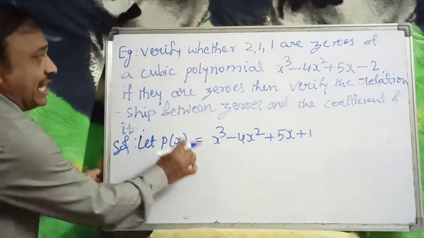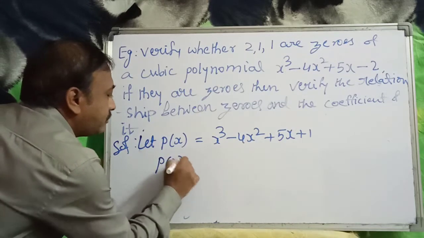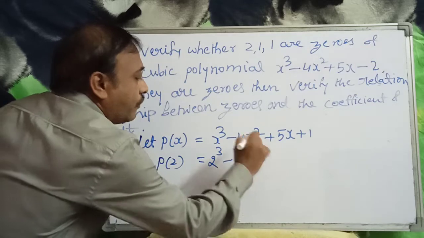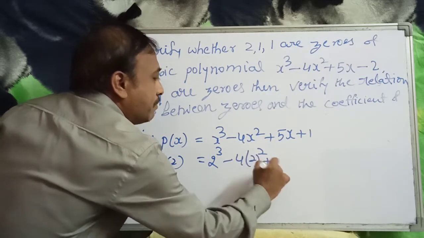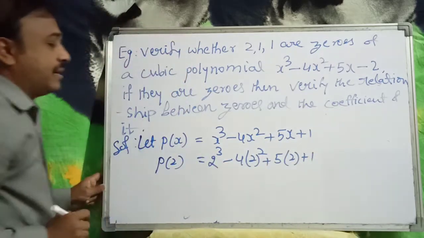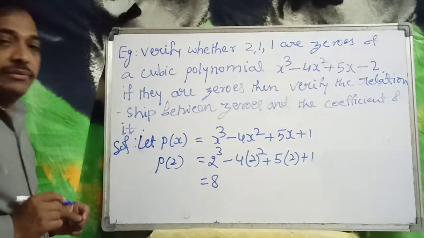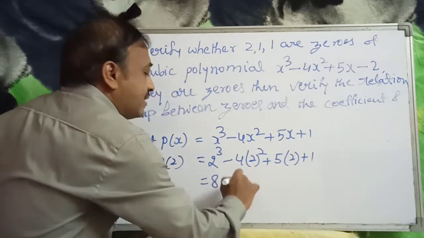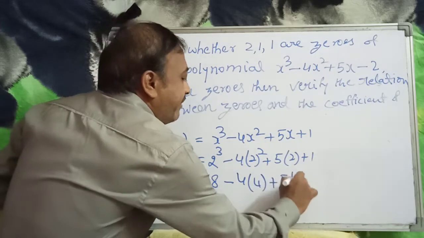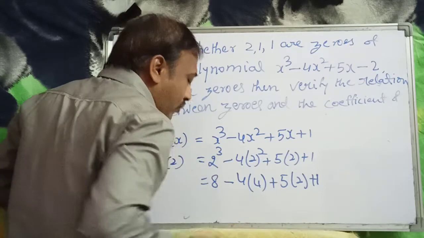We are putting the value of x first as 2. So p of 2 is equal to 2 cube minus 4 into 2 square plus 5 into 2 plus 1, which is equal to 2 cube is 8, then minus 4 into 2 square is 4 plus 5 into 2 plus 1.